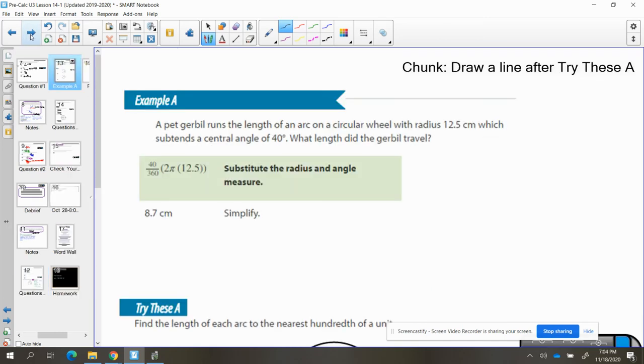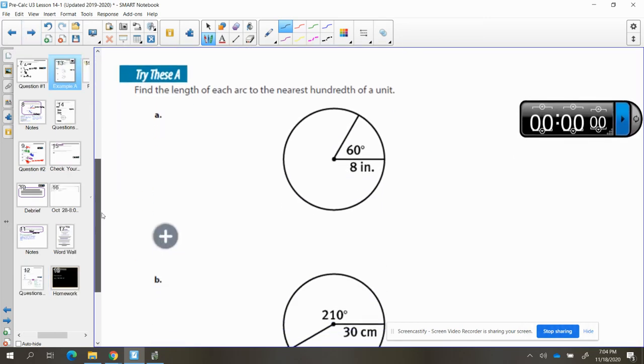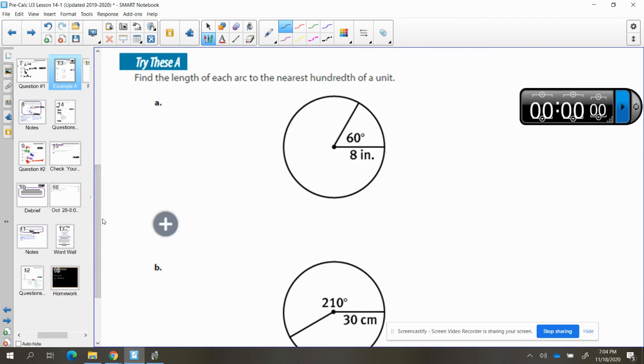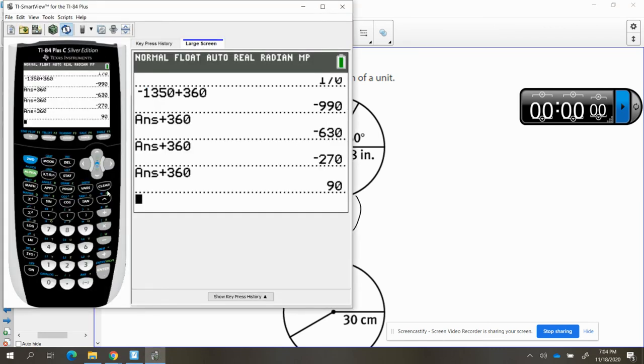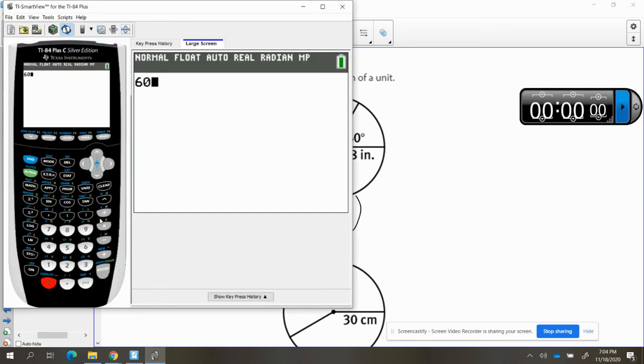So for the next couple of examples, we are looking to find the arc length here. We would take the angle measure, n, divided by 360, and multiply it by 2 times pi times the radius. We type all of this into the calculator as is, and we're going to just look for the decimal approximation here.